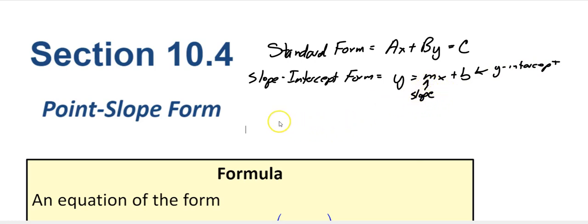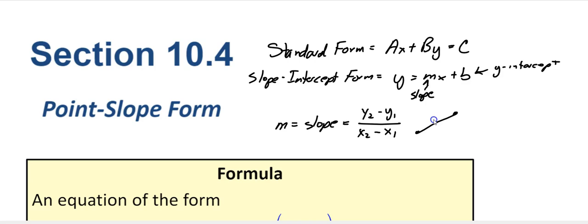And let's not forget that slope m equals y2 minus y1 over x2 minus x1. That gives us the slant between 2 points on a coordinate plane.